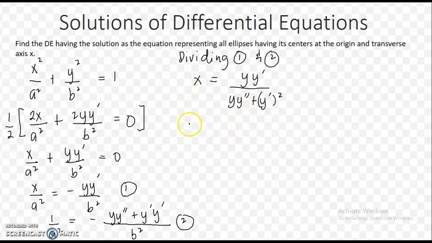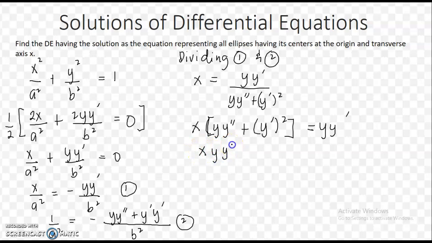Then cross multiply, we have x times (y y double prime plus y prime squared) equal to y y prime. Therefore, we have x y y double prime plus x y prime squared minus y y prime equal to 0.